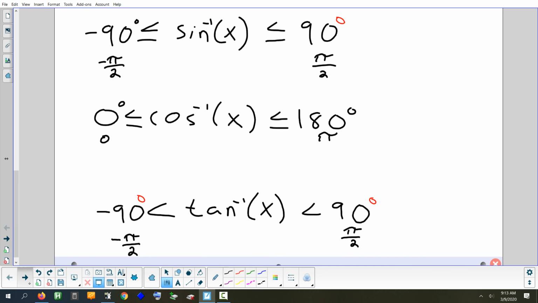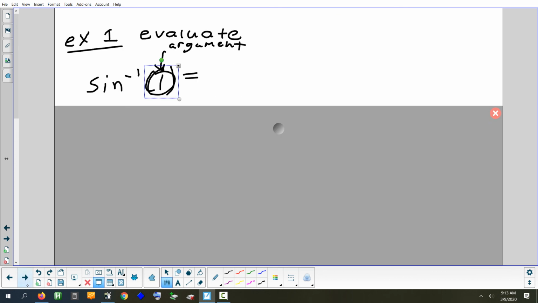Okay? All right. So if we go down the sine column till we find a 1, can anybody tell me what angle is in the row where you find a 1? Yep, Joanne? 90. Yeah, 90. And if you keep looking, you don't see that number again.